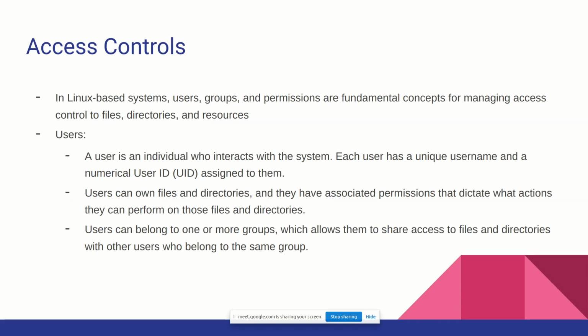Access control is very important, particularly in Unix based systems. Actually it is important not only in Unix based systems, it is very important in all systems, even in Windows. But the kind of priority that we give to Unix systems, particularly from the access point of view, user access and group access, is entirely different.